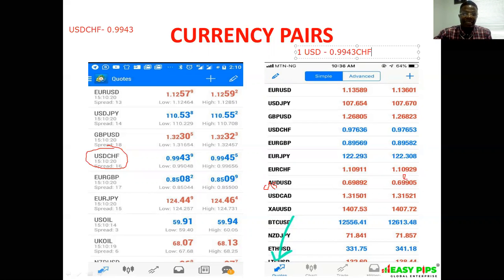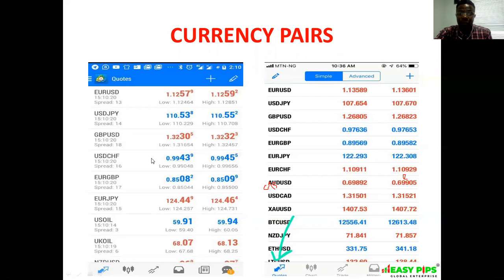This shows that the Swiss franc in this situation is bigger and has more value than what? Than the US dollar. But US dollar is written as the base pair and CHF as the quote pair because this is an exemption.